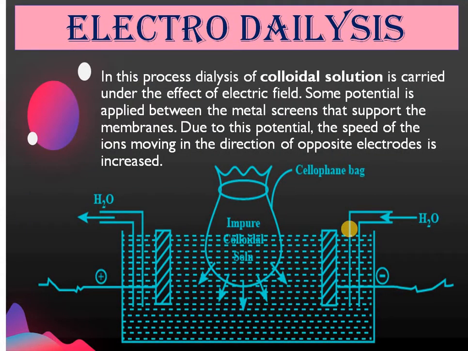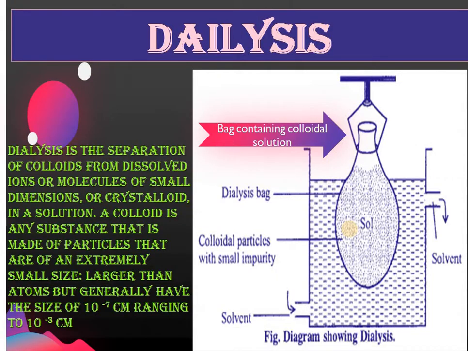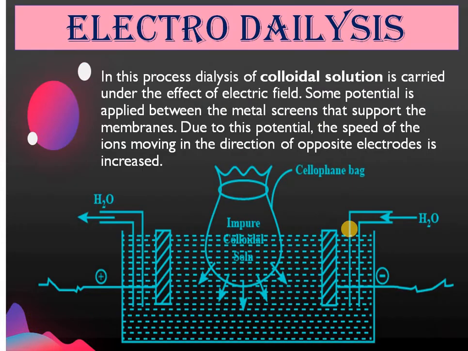So now moving to the next, what is electrodialysis? It is just a modification of dialysis. In dialysis, the process of removal of the electrolyte is slower in comparison to electrodialysis. Here we add two electrodes, positive and negative.